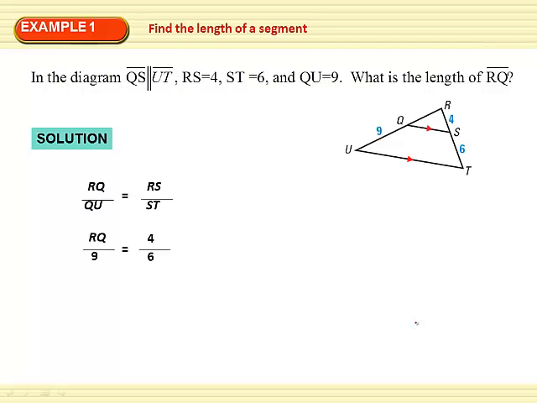RQ we do not know, but QU is 9, RS is 4, ST is 6. After this, we cross multiply, and you get RQ is equal to 6. Once we find the length, we're done.